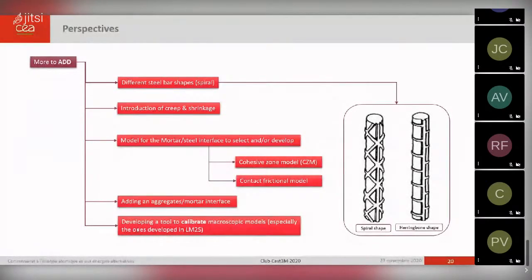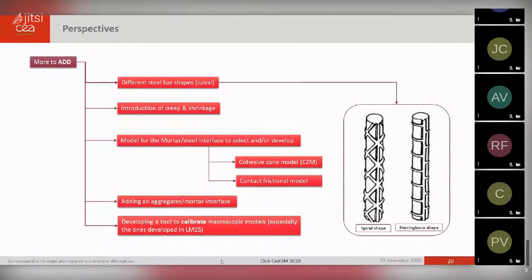Yes, as mentioned here, the aggregate-mortar interface will be studied next. We are taking it into account as perfect, so we are just neglecting some of these effects. But creep, shrinkage, and also thermal effects in general will be added to the model just after finishing the first steps of studying the damage.